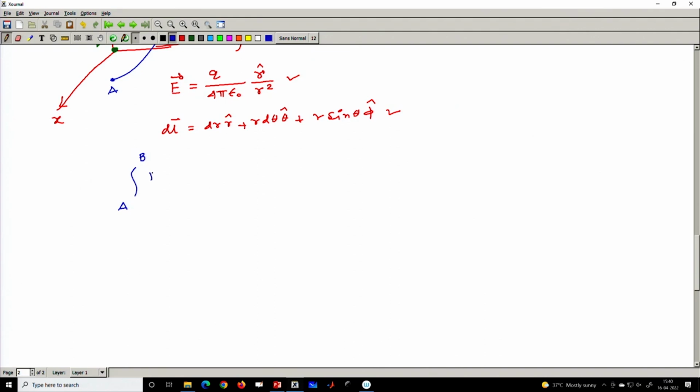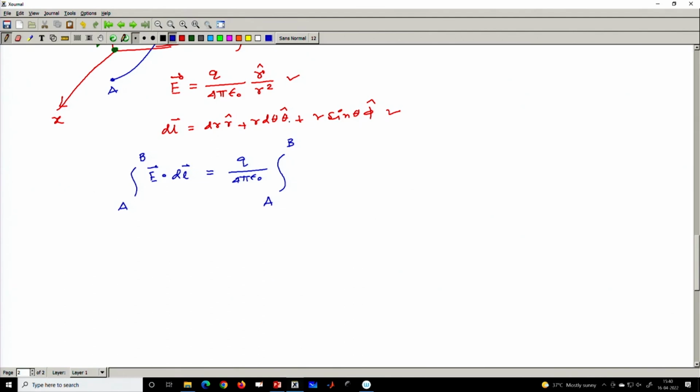So my E dot dl should be Q by 4 pi epsilon 0, that quantity is constant and will come outside, and then the integral from point A to point B. Note that E is along the r unit vector, and dl has r unit vector along with theta unit vector and phi unit vector.